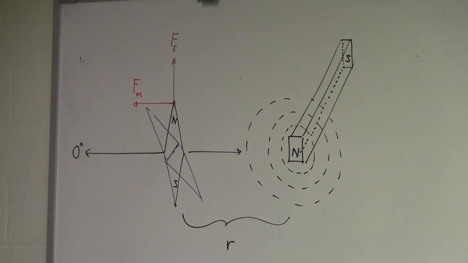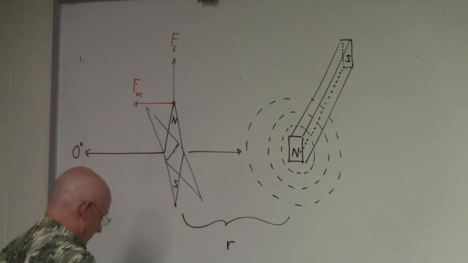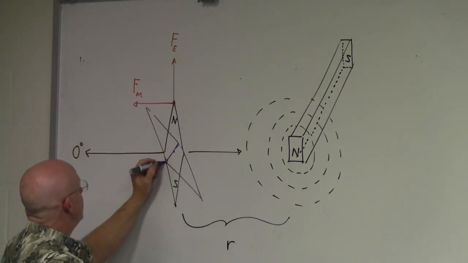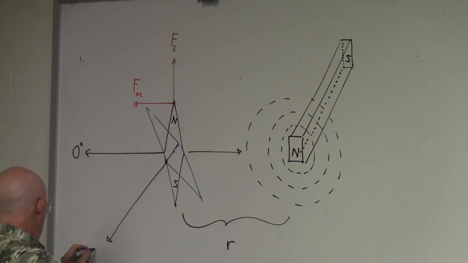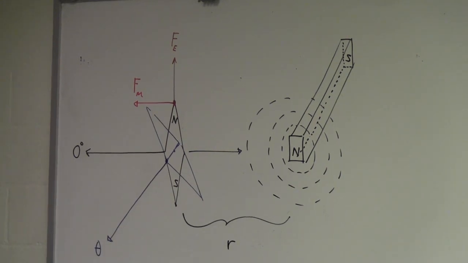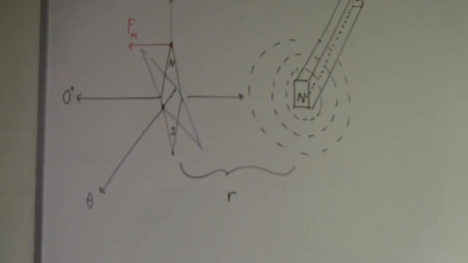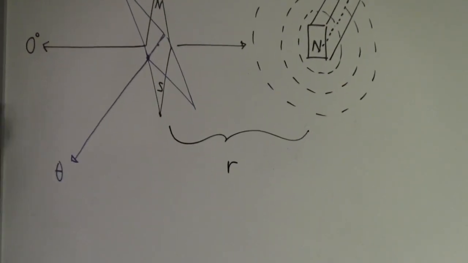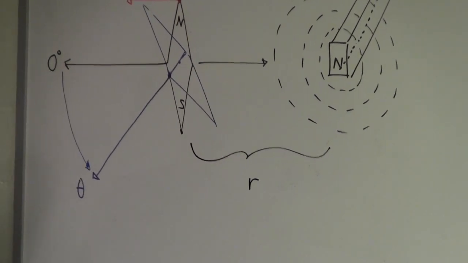But so that you can understand this, when I bring it close and this turns a little bit, this needle will be now pointing at some angle. And that's why I was showing you the equipment here. The compass will then twist, and we'll see this needle move to some angle theta.